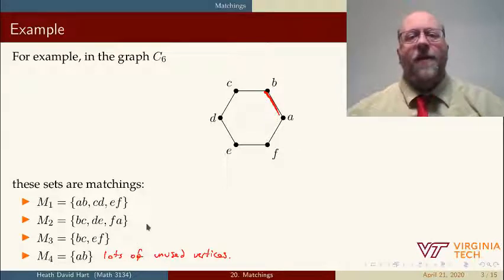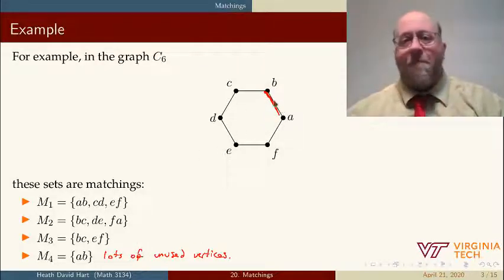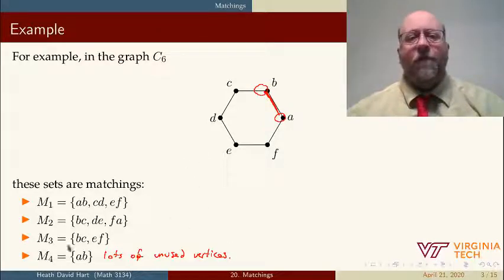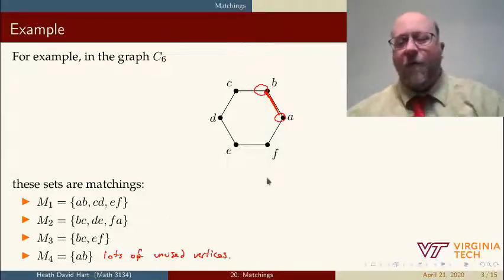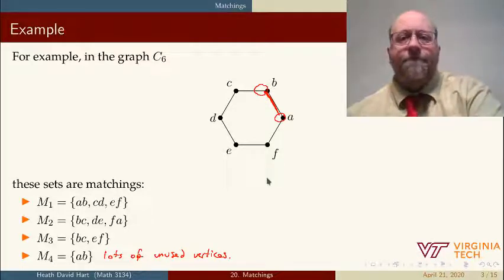But it still meets the definition of a matching. A matching just has to match some of the vertices, maybe not all of them, but doesn't match any vertex more than once. And so all of these are valid matchings, including M4. Okay?